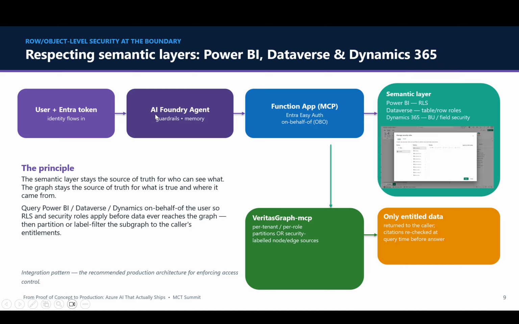And in this same AI agent, we can implement row level security using semantic layers such as Power BI, Dataverse, or Dynamics 365. For this we need to authenticate the user using OAuth 2.0 authentication, generate the token, and use that token for this AI agent pipeline.